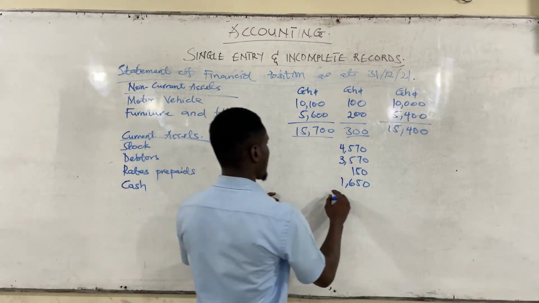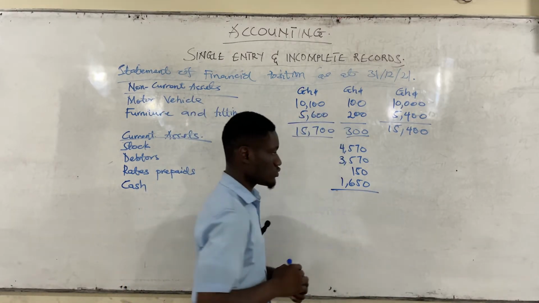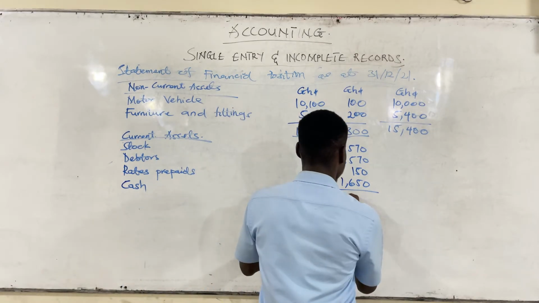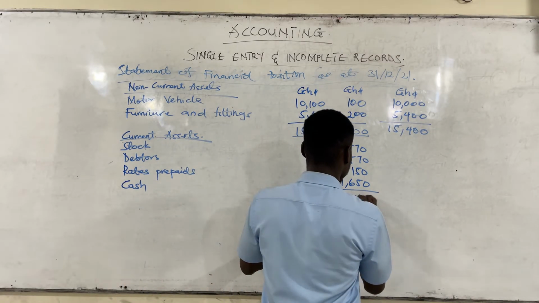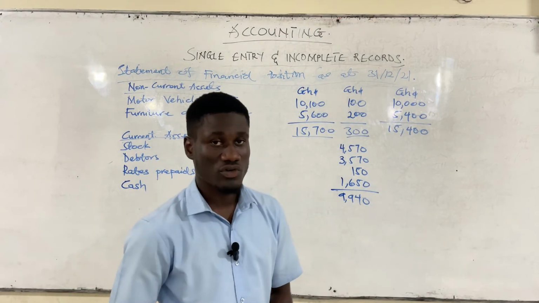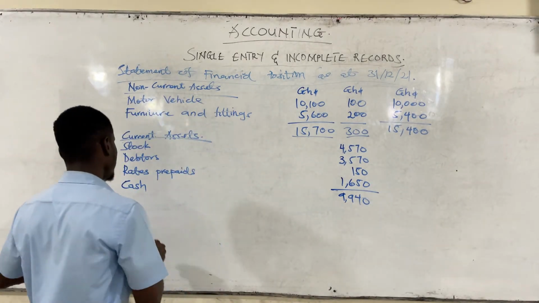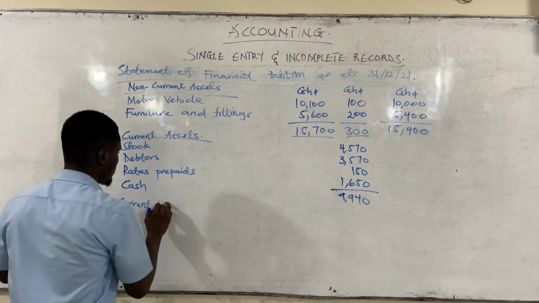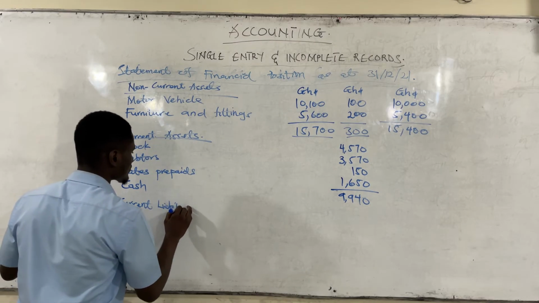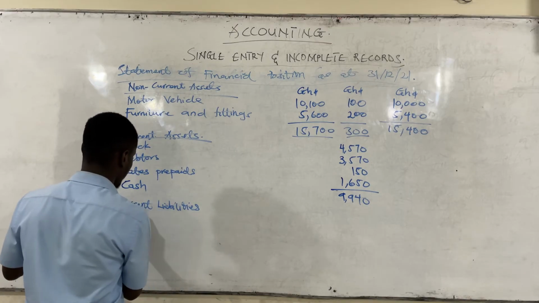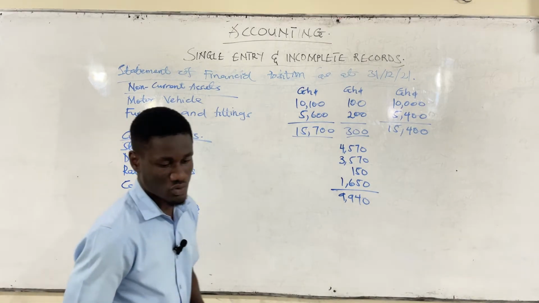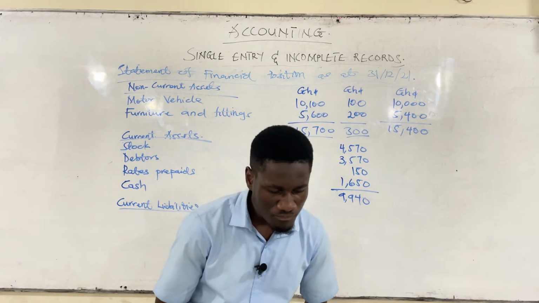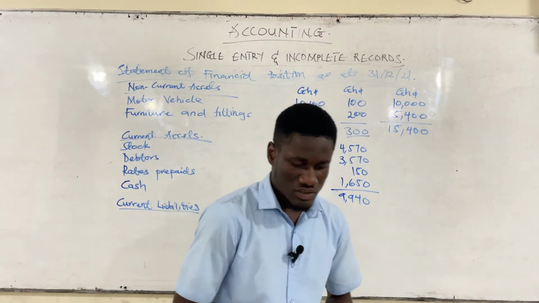So there's no current assets in the question again. We'll just compute for the total, and we are getting 9,940. Then we'll go straight to our current liabilities. Good. So with our current liabilities, we have creditors.